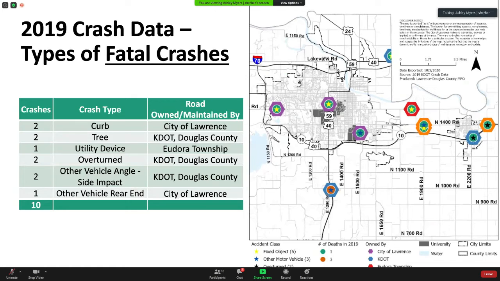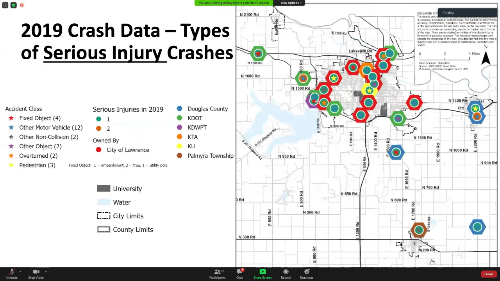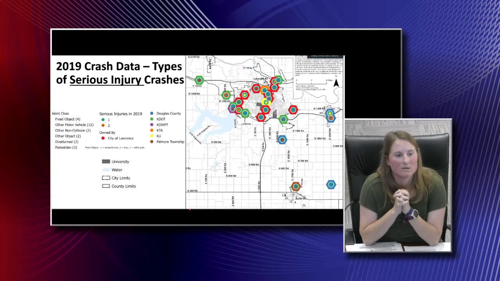Looking at the types of fatal crashes, 2 were vehicles running into curbs on City of Lawrence roads, and 2 were trees, utility device, overturned, other vehicle, and other vehicle again. When we look at serious injury, you can see the various things there: fixed object, other vehicles, overturned. The yellow stars are the pedestrian serious injuries that occurred in 2019 as well.